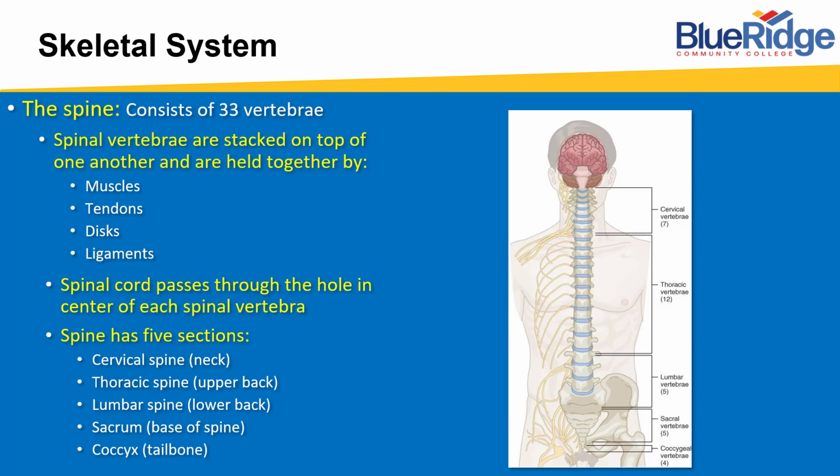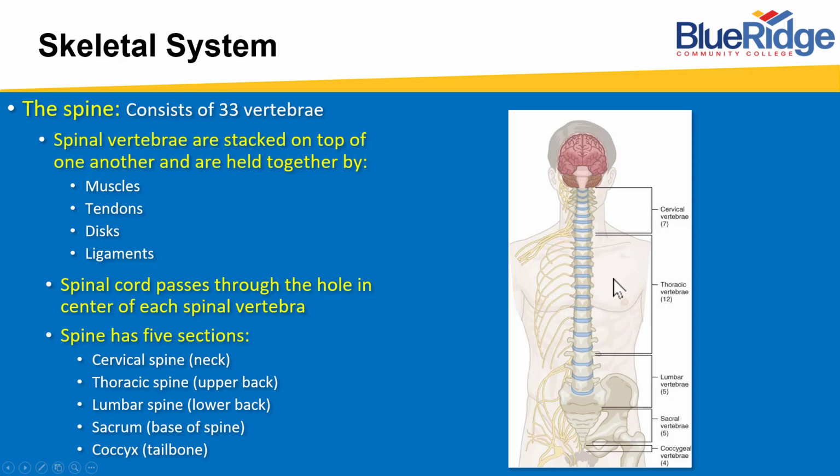The spine has 5 sections: the cervical spine, which consists of 7 vertebrae, the thoracic spine, which consists of 12, lumbar consists of 5, and then you have the sacral, which is also 5, and then the coccygeal vertebrae, which is 4. Those are typically fused together as well.